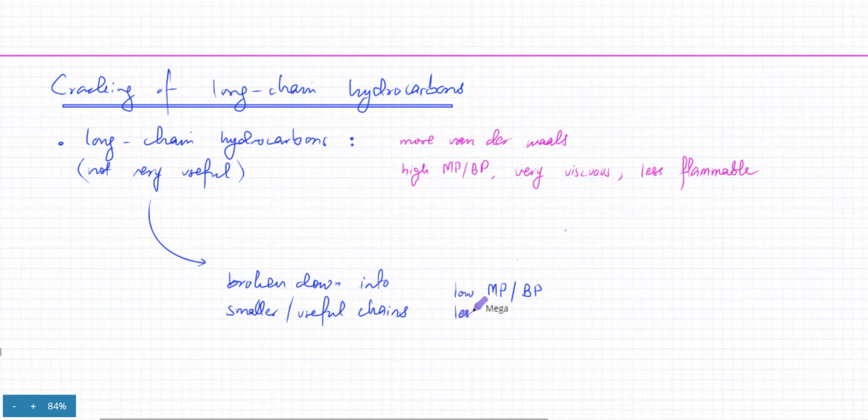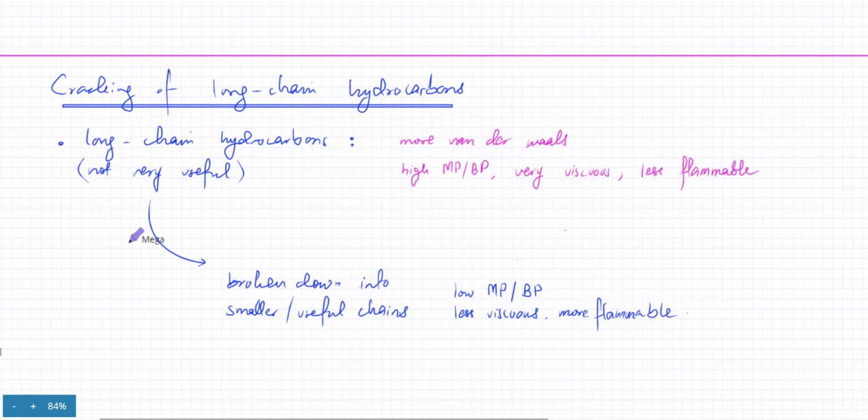So they're less viscous as well, and they would be more flammable as well.